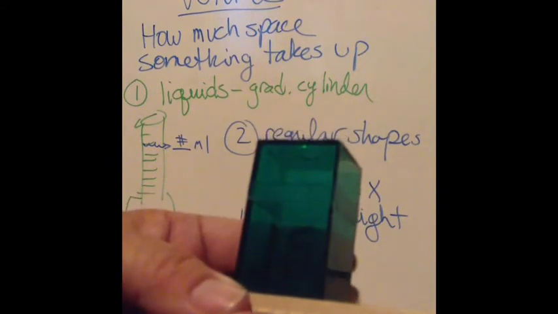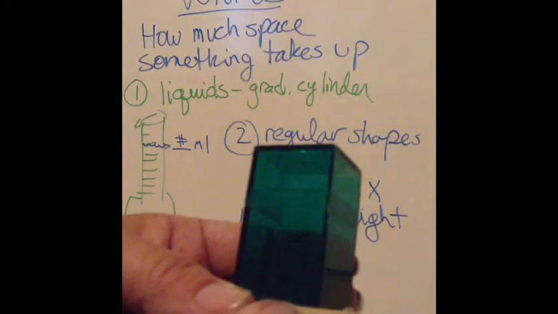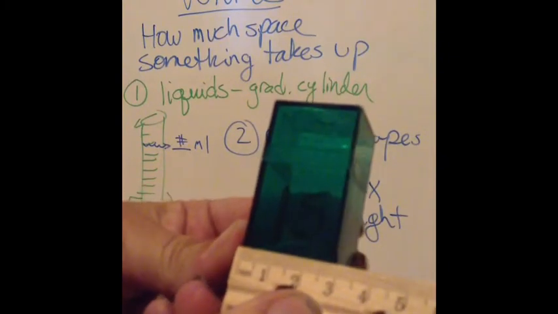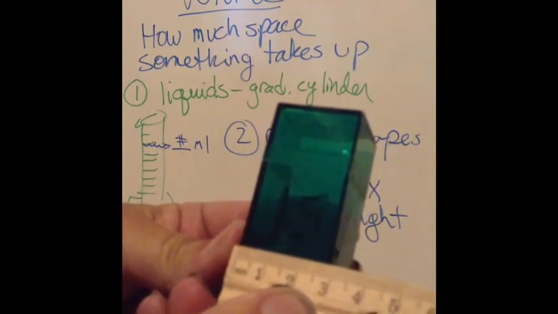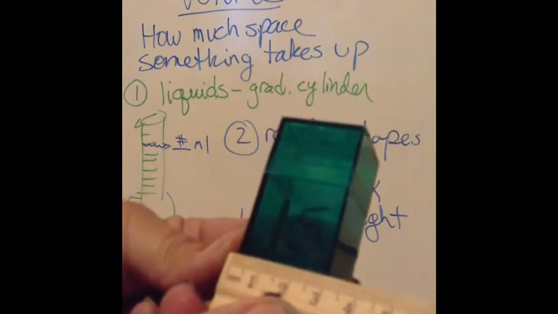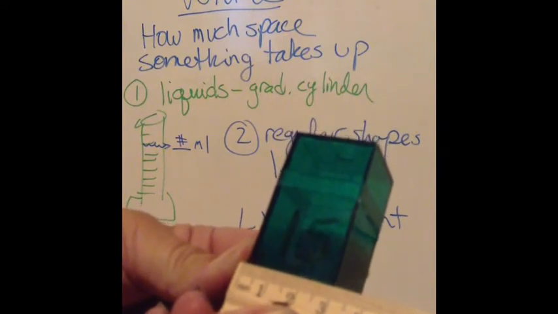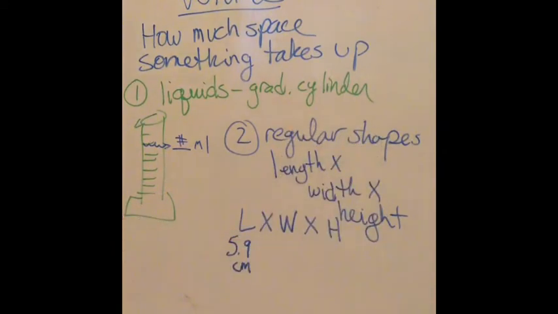So you got to go where the line is here, that's the 2, and then you got to count those little tiny lines past, because it's certainly not 3 centimeters, it doesn't go all the way to the 3. And it's past the 2. So you count those little tiny lines, and to me it looks like about 2.8.